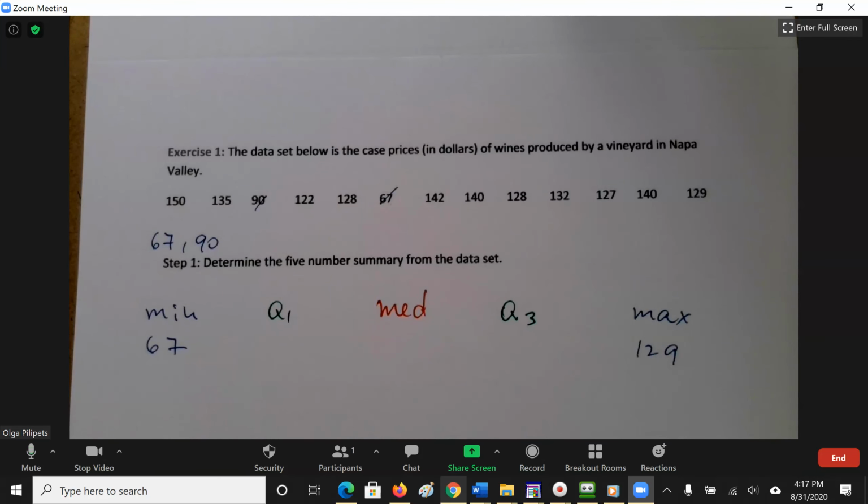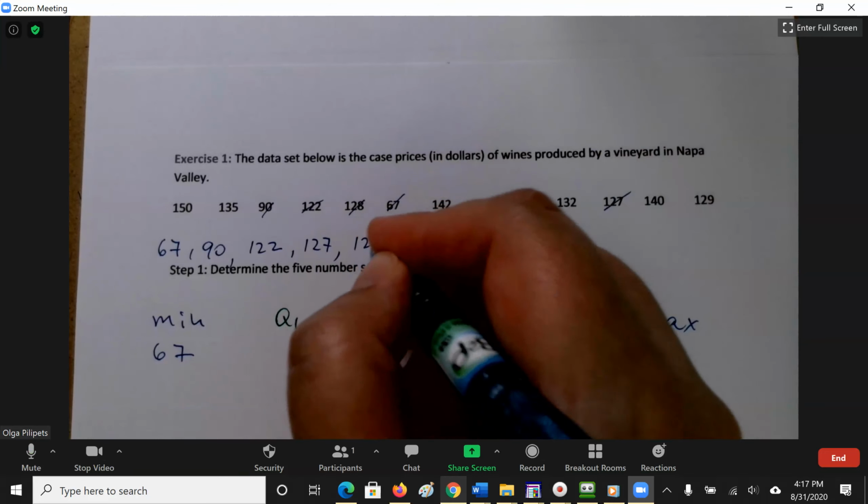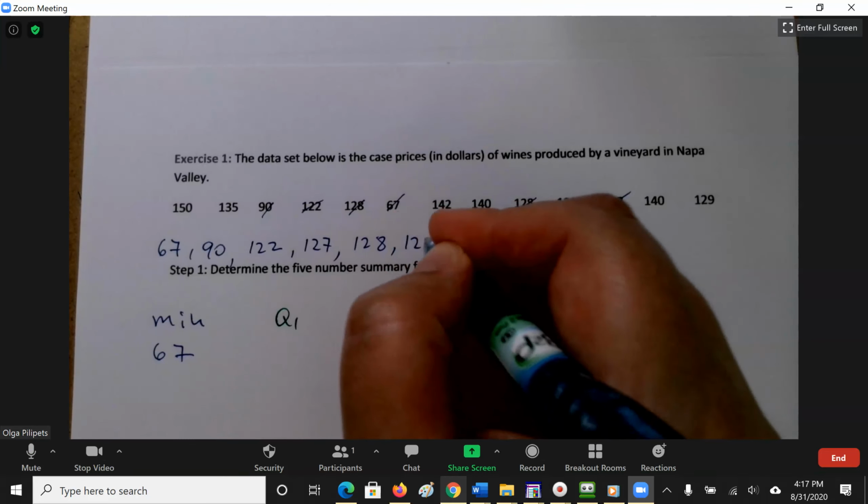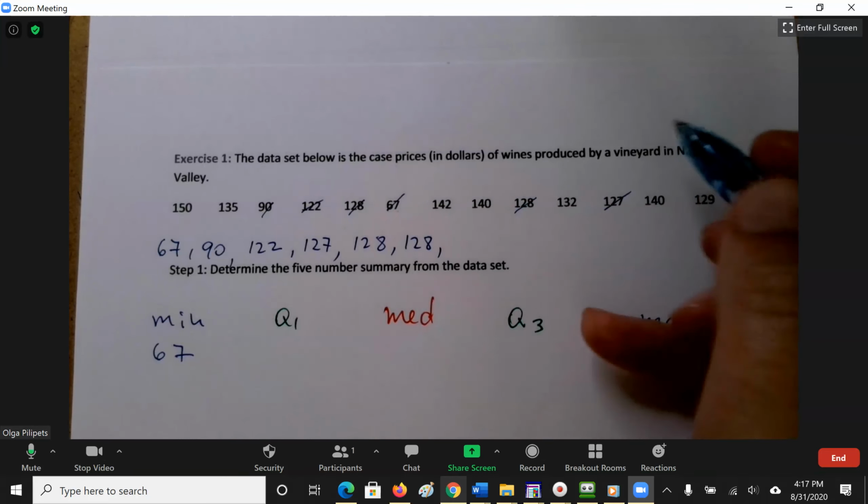The next would be 120. So I think 122 is the lowest one. 122, and then I have 127, and then I have 2 128s, and then I have 129. So that's it for 120s.